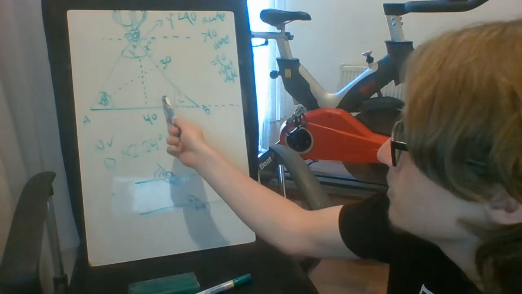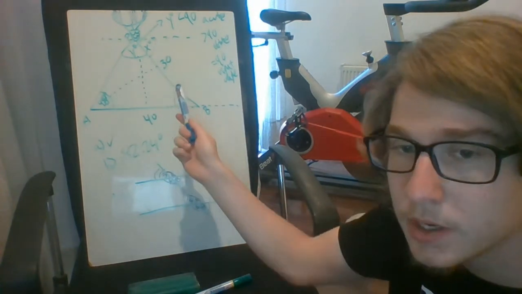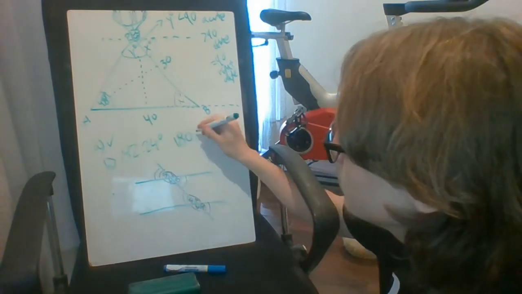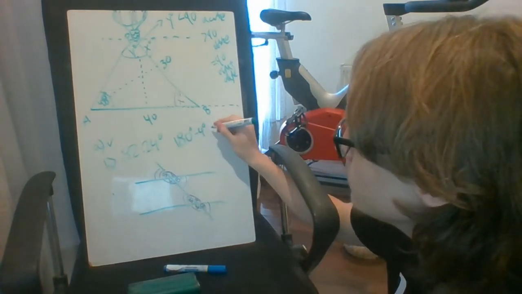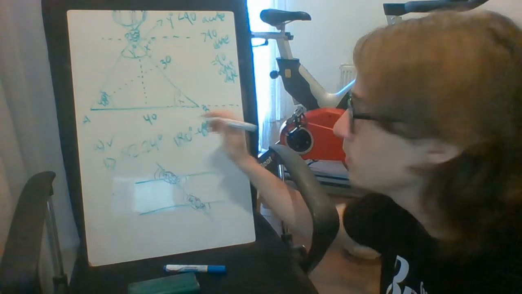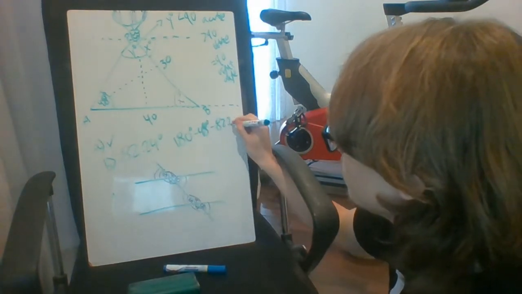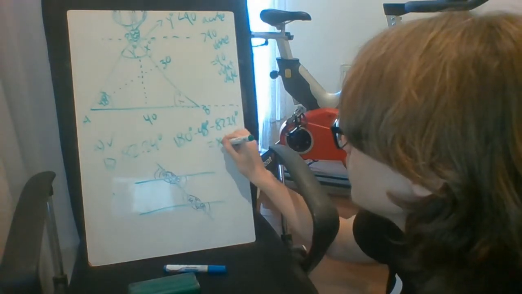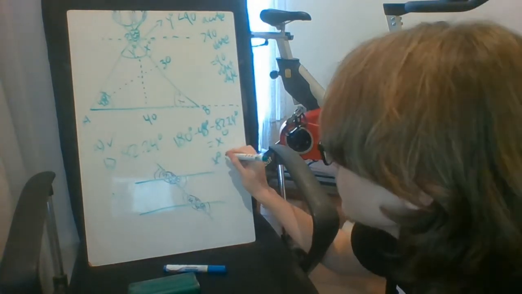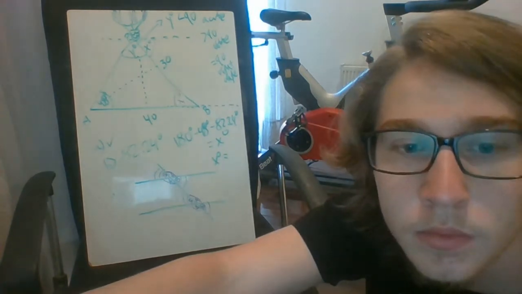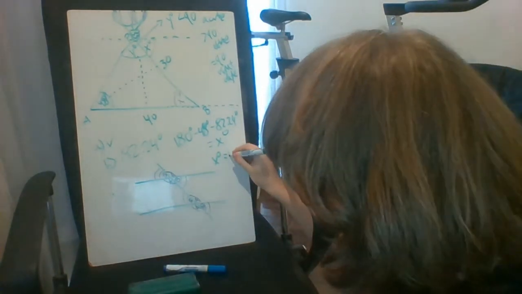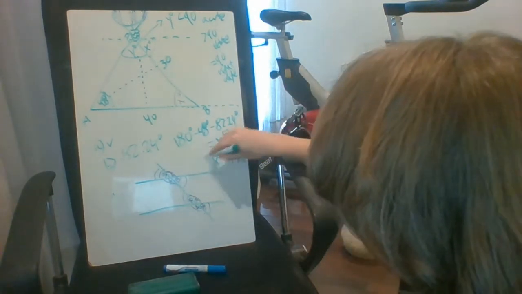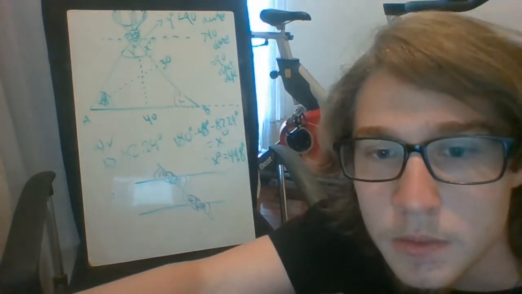So, since we only have one missing angle of the triangle, we can do 180 degrees minus 48 degrees, this one, minus 82.24 degrees, which is this one, should equal x degrees, okay? And x degrees is going to be 49.8. So that is part C.